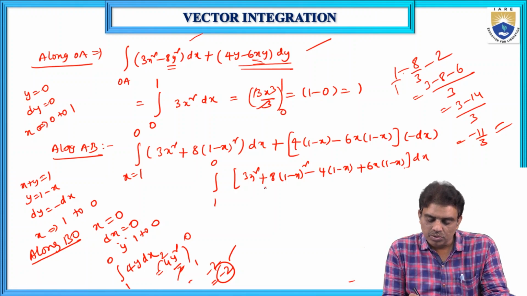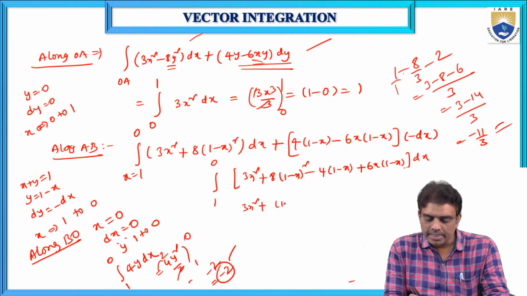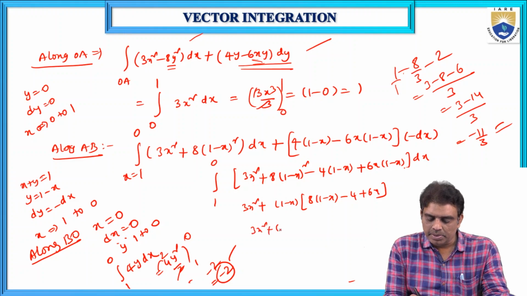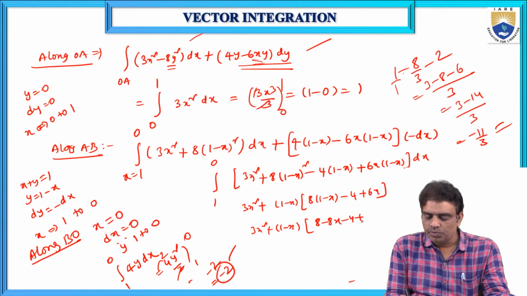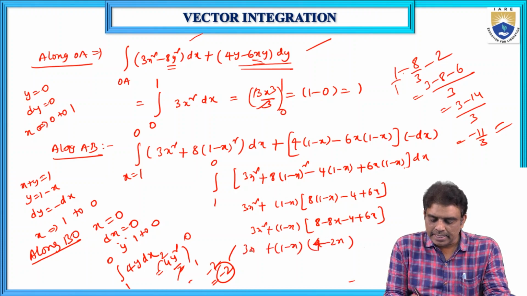After simplification, you can take 1 minus x common, so I am taking 1 minus x out: 8 into (1 minus x) minus 4 plus 6x. That is 3x square plus (1 minus x) into (8 minus 8x minus 4 plus 6x). So what is this value? Minus 2x plus 4. 4 minus 2x into (1 minus x) plus 3x square.